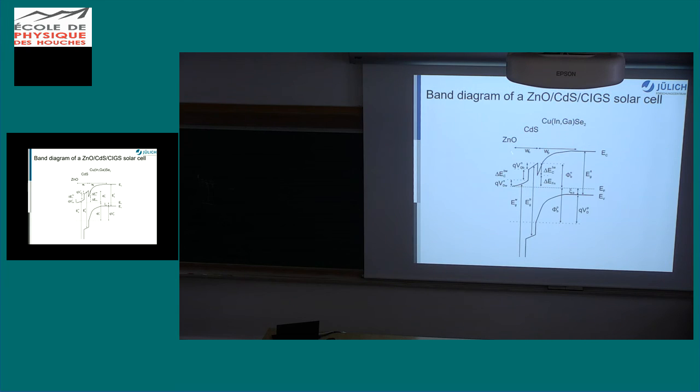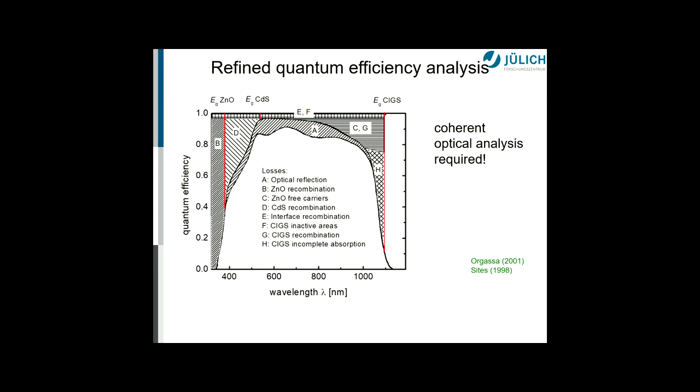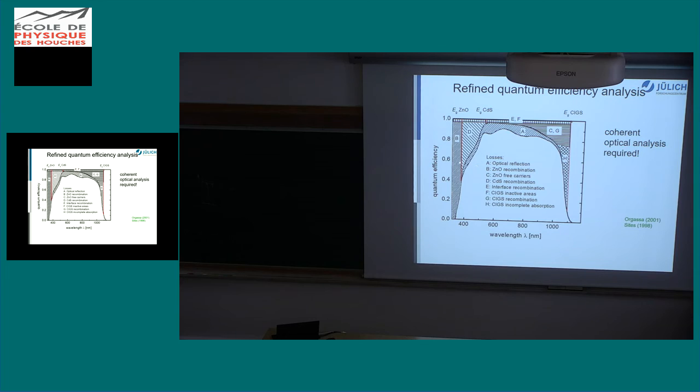I put this also on that, and now I come back to the quantum efficiency analysis, because that's the quantum efficiency of a CIGS solar cell, and you see all these different components, the external quantum efficiency. You see all the important features that are in this structure.